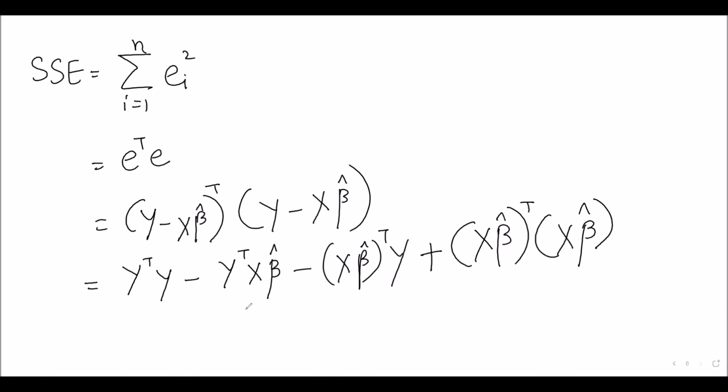So then what? Just have y transpose y here and y transpose x beta hat, right? How do you distribute the transpose? This is going to be beta hat transpose x transpose. I hope you all know it.